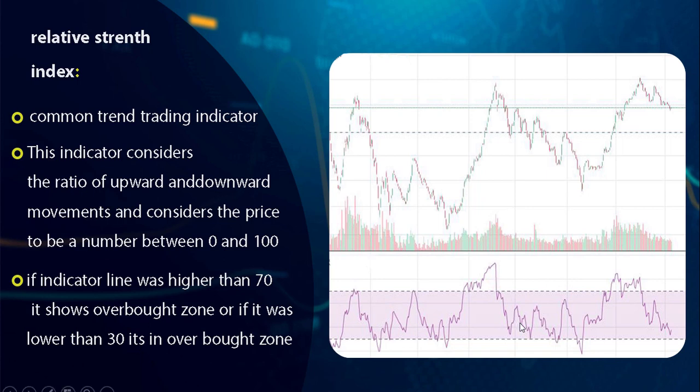And also when this line comes below the 30 line, this line is the 30 line, when the indicator line comes to this zone, we say that we are in the oversold zone. So this indicator also tells us about overbought and oversold zones.